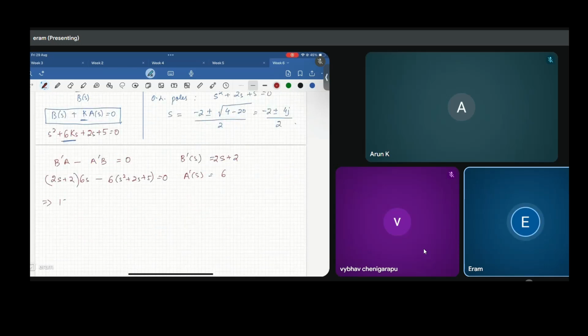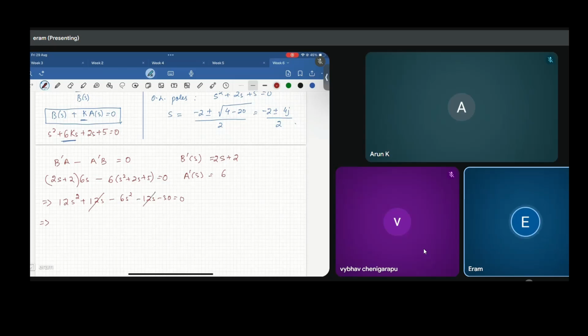It will be 12s square plus 12s minus 6s square minus 12s minus 30. This will cancel out.